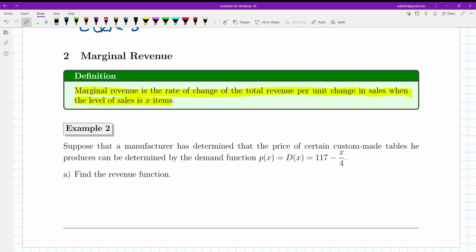Okay, let's find the revenue function. Number 1. We find the revenue function first by multiplying x by the price, or the demand function. So we do xp. For example, let's say that you are selling sodas for a fundraiser.